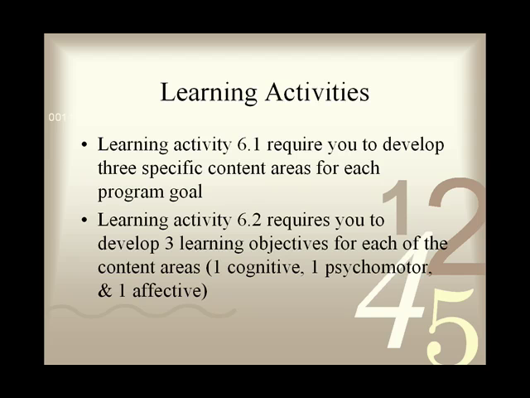Then in learning activity 2.0, you'll write 3 learning objectives for each of the content areas from learning activity 6.1. I would like you to write 1 cognitive, 1 psychomotor, and 1 affective learning objective. So depending on your program goals, you're going to have many specific content areas.